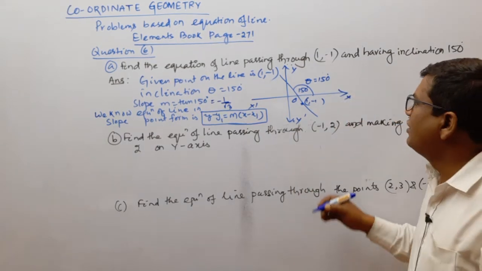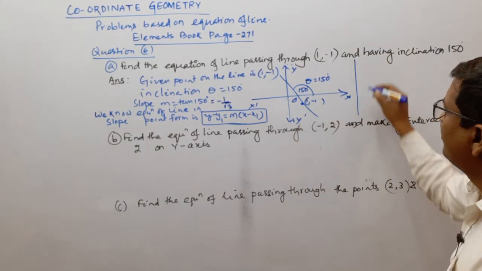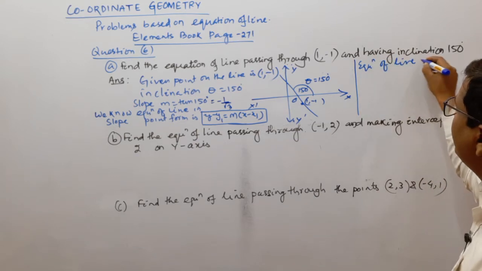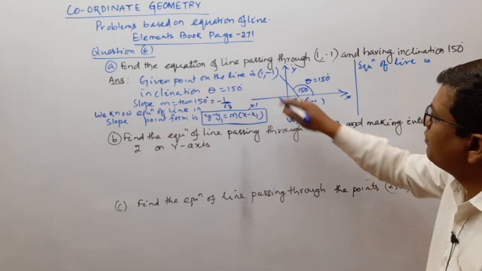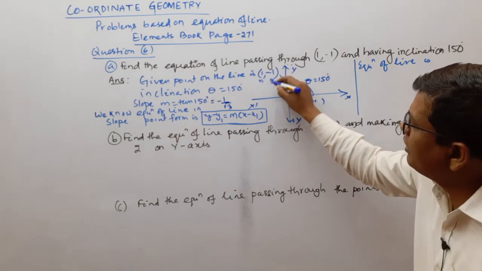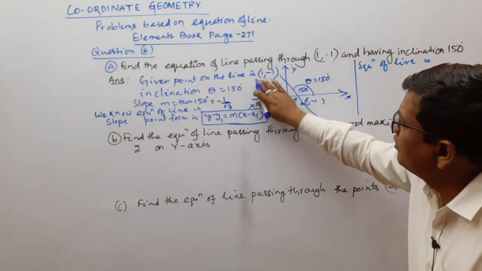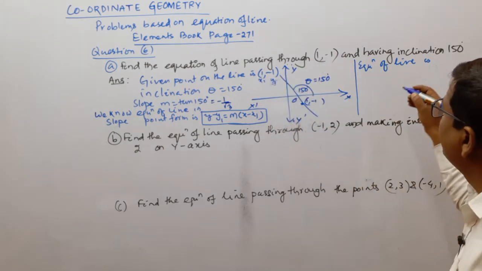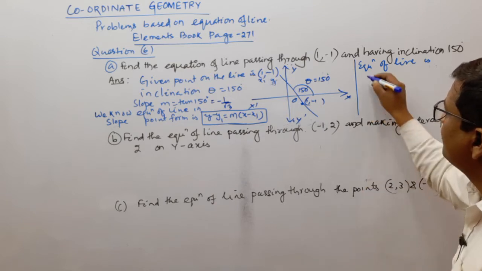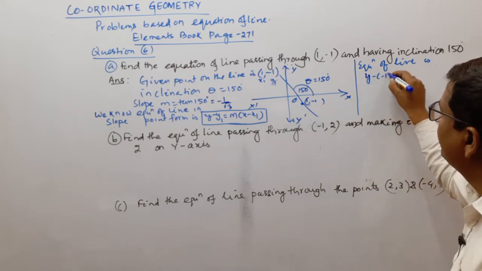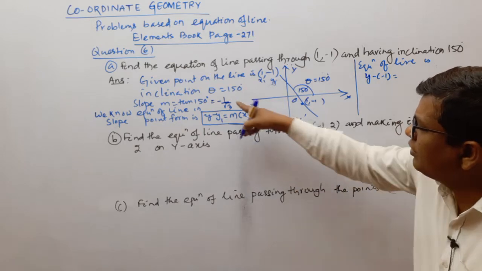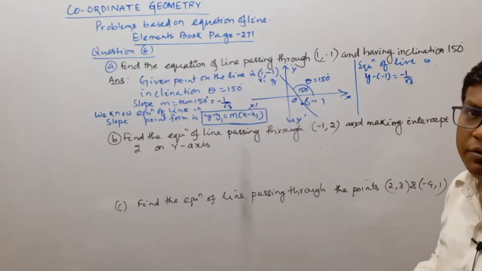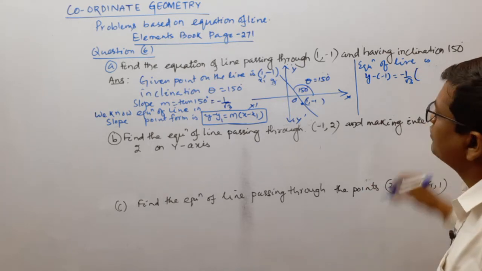Now this is the equation of the line. The point is x1 and y1, where x1 is 1 and y1 is -1. So the equation of the line is y minus (-1) is equal to the slope, which is -1/√3, into (x minus x1).